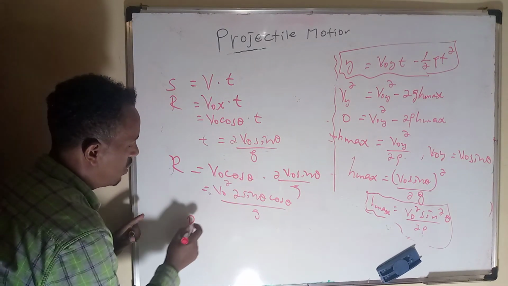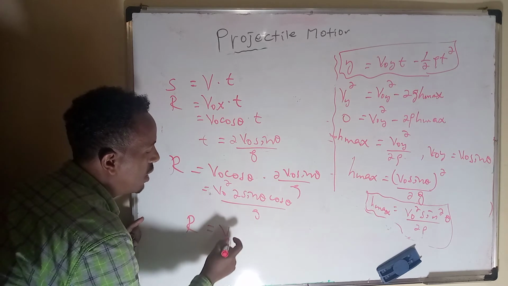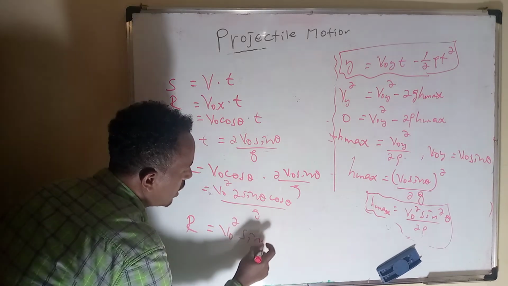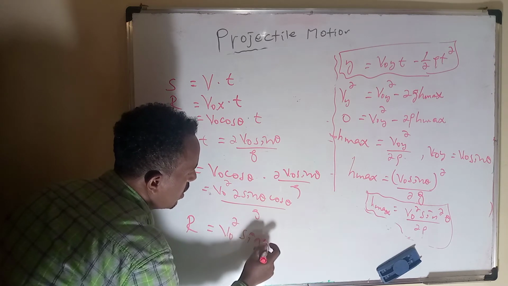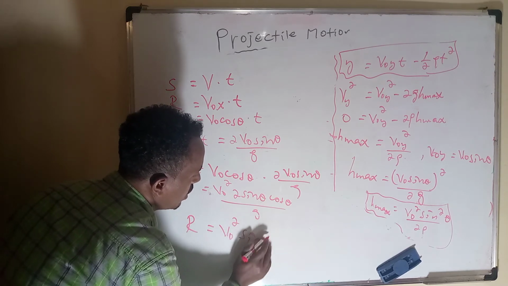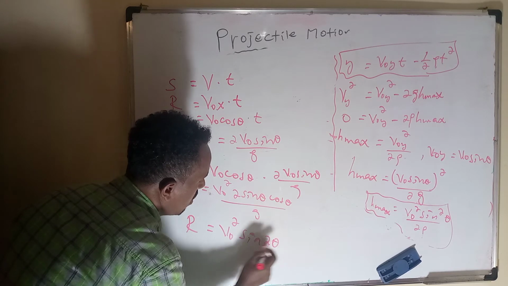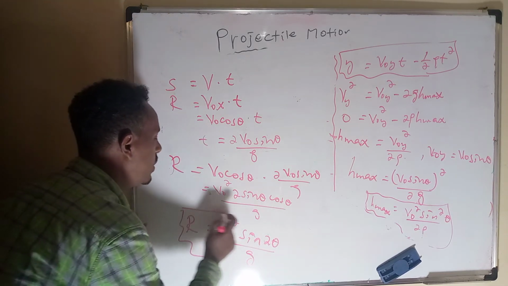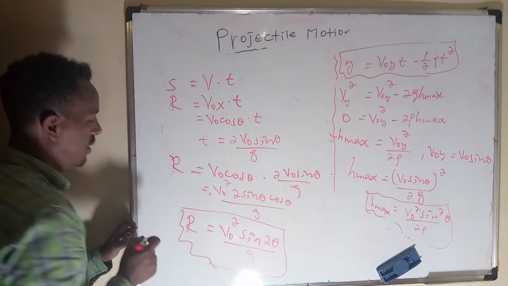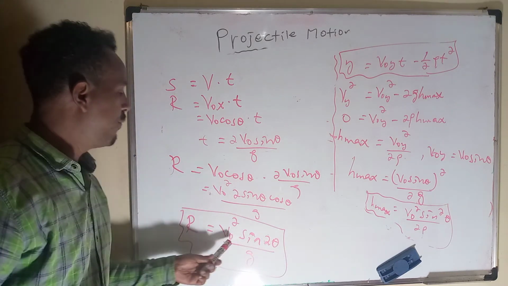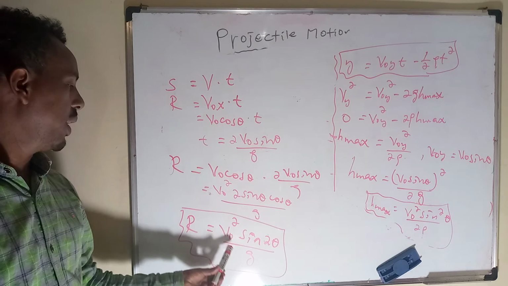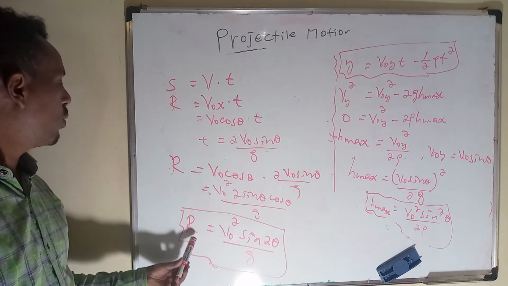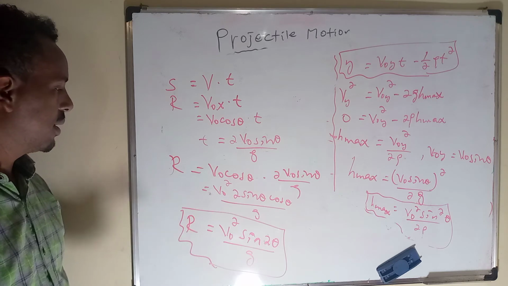Range is equal to v naught square sin of 2 theta over g. This is the range: v naught square, initial velocity square, sin of 2 theta over gravity is equal to the range.